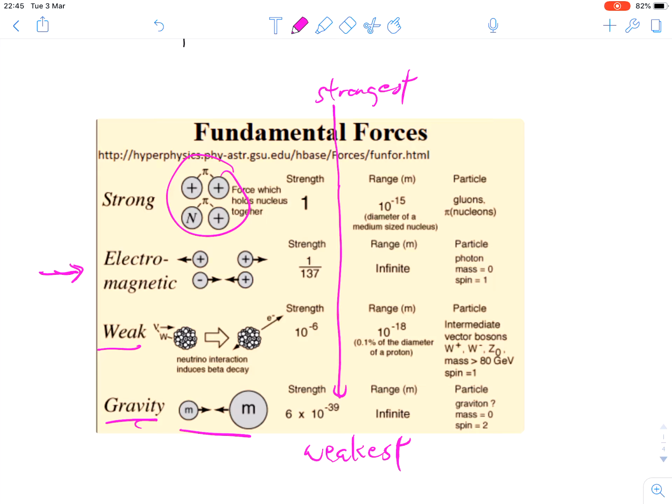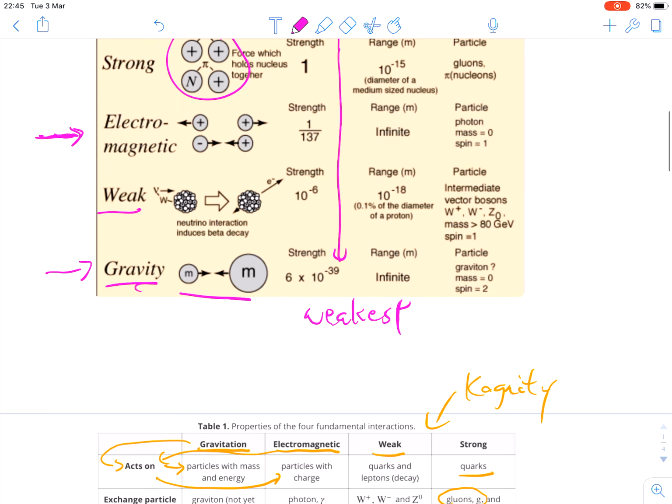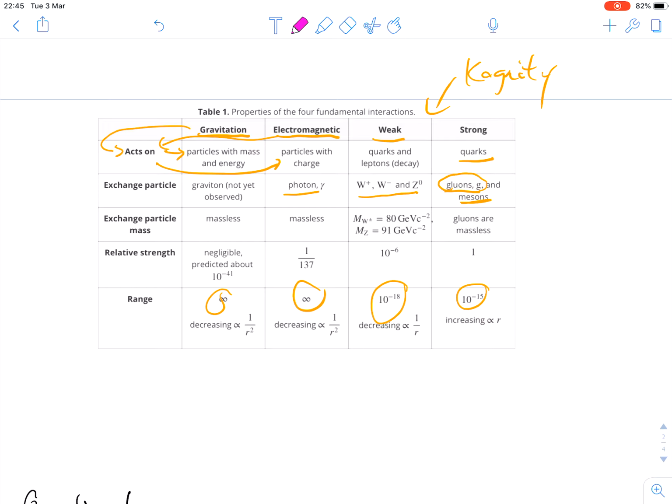It's responsible for radioactive decay, so it's trying to split things apart. Gravity again is a force that just attracts things. The electromagnetic force is sort of special, where it can attract and it can repel. Gravity can only attract.